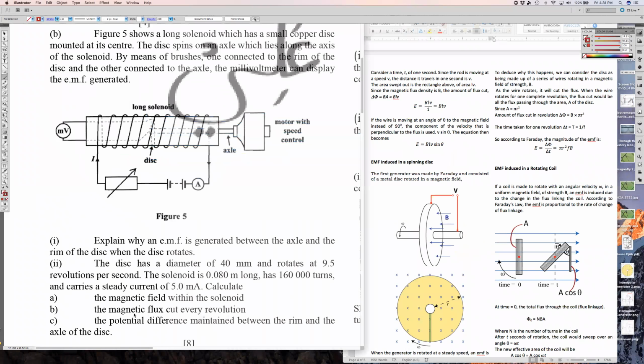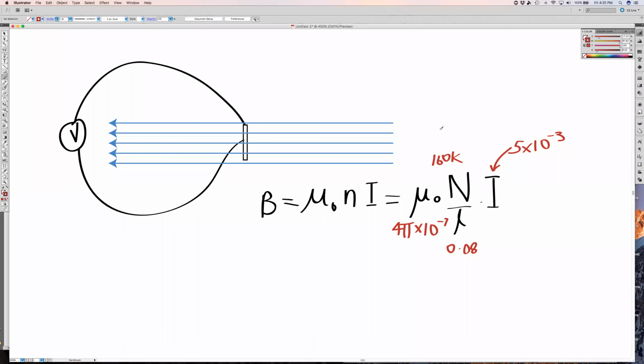That's what we're working on: the magnetic flux cut every revolution. How much flux will be cut every revolution? Again, the amount of flux cut, phi, is equal to BA. We just got B, and we know that A is equal to pi r squared, with the radius being 0.02 meter.